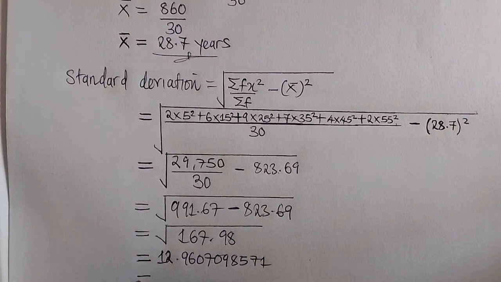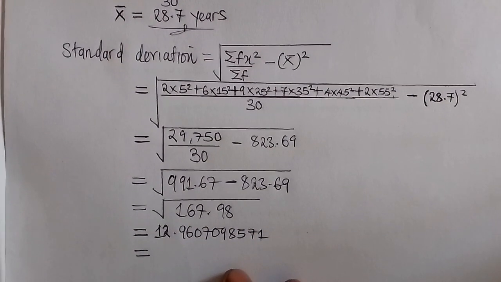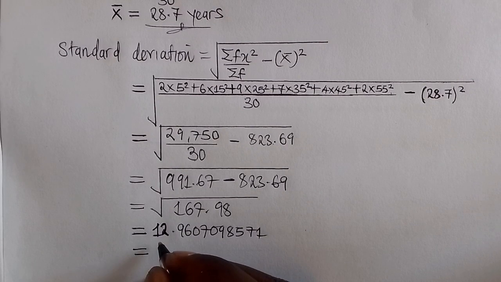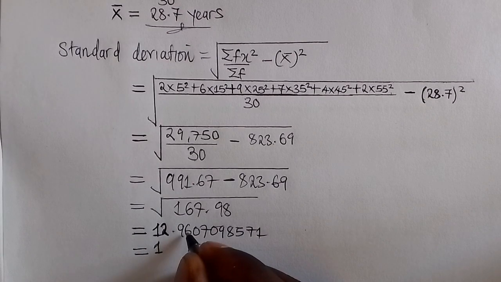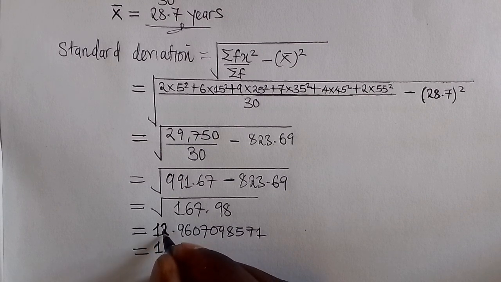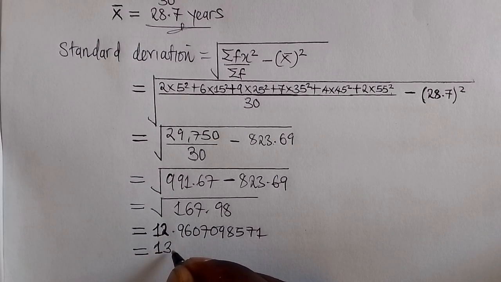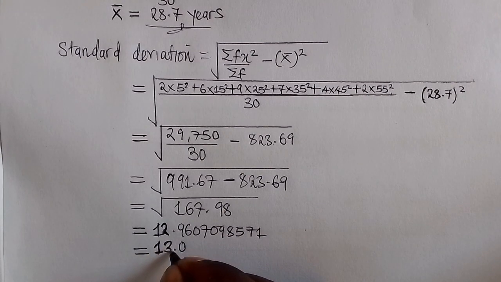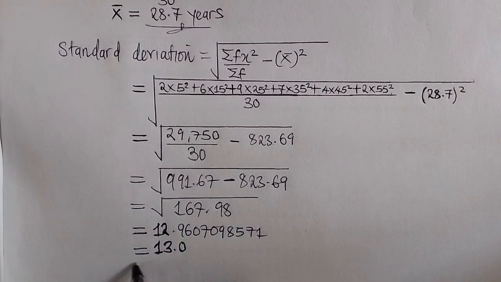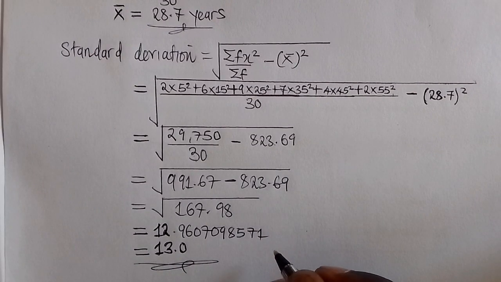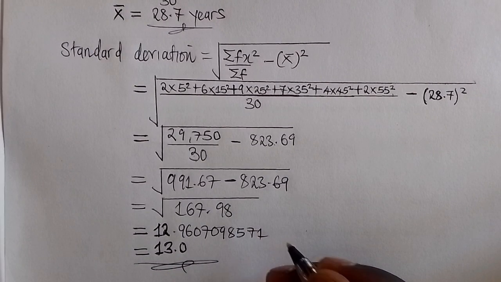So we just have to round off correct to 3 significant figures, and this is going to be 13, because if you add a 1 to 9, it will be a 10, so we just pass it over to 2, so 9 will be a 0. So this will be 13.0, our standard deviation value.